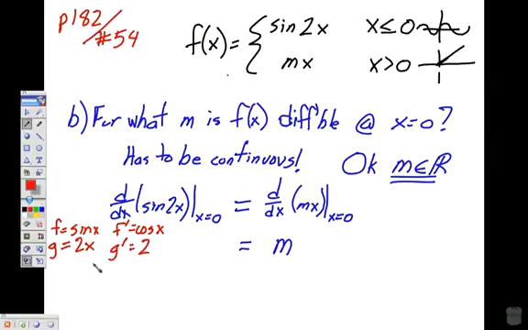So f prime of g is going to be the cosine of 2x, times g prime, which is 2. We're evaluating this at x equals 0. 2 times 0 is 0. The cosine of 0 is 1. 2 times 1 is 2.